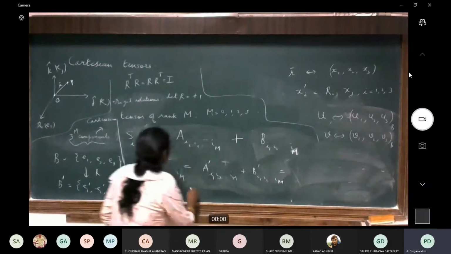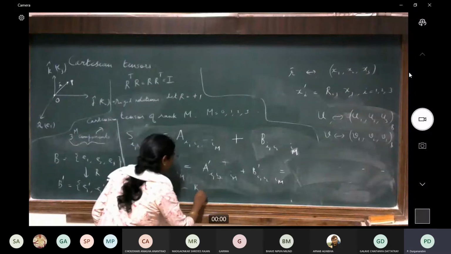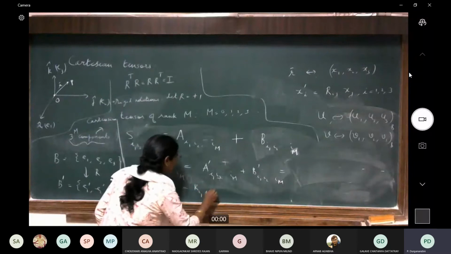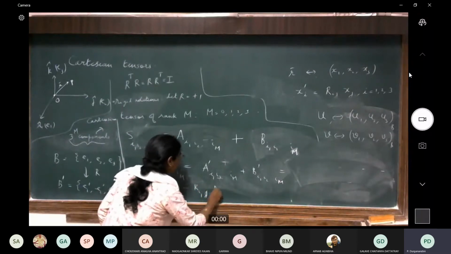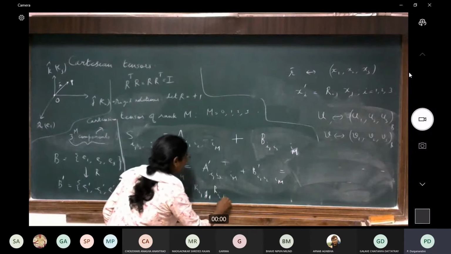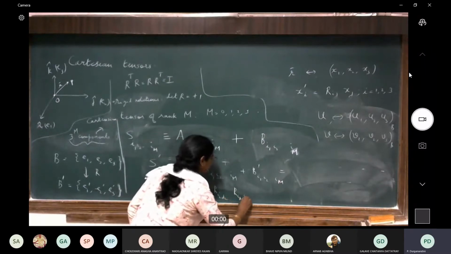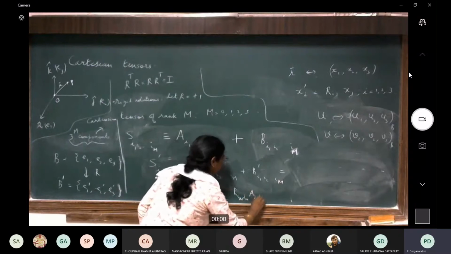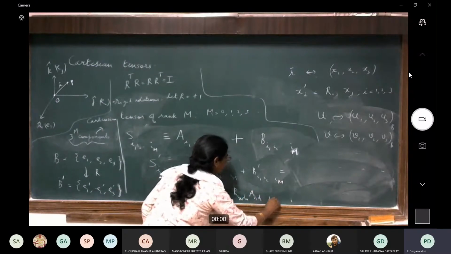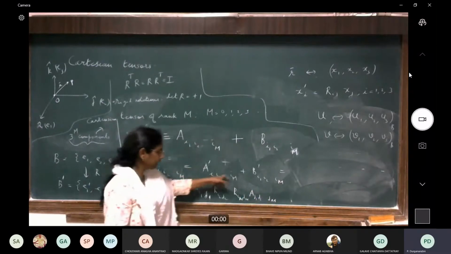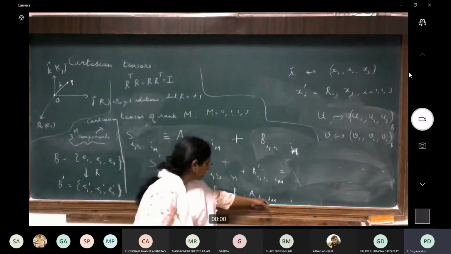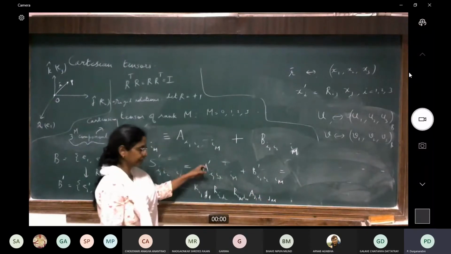I can write it as Ri1,J1, Ri2,J2, and so on, Rim,Jm, A J1, J2, Jm. So A prime I1, I2, Im is related to A J1, J2, Jm in this fashion because it's transforming like a tensor of rank M.